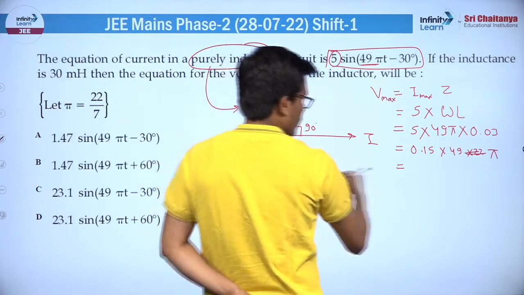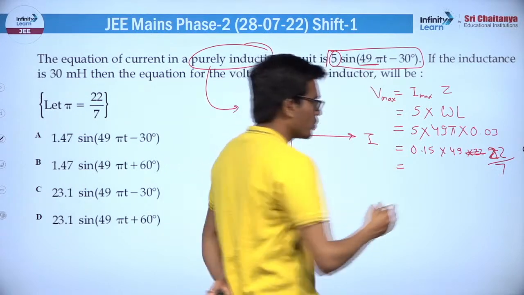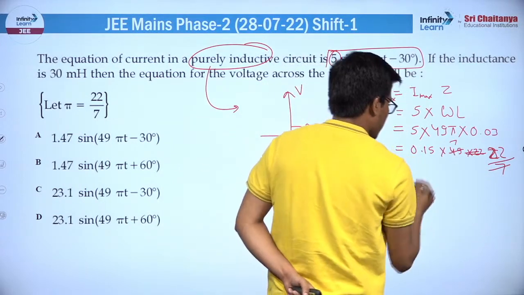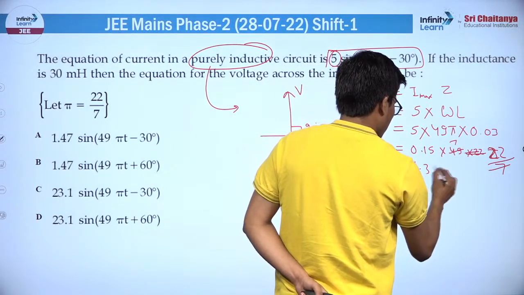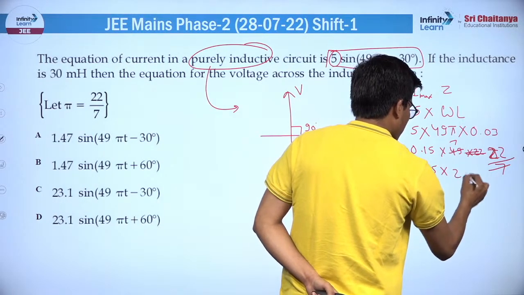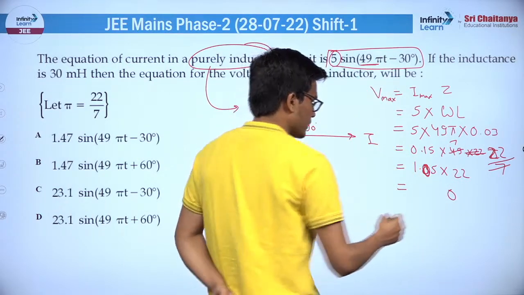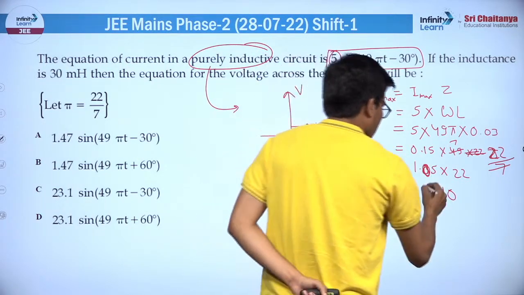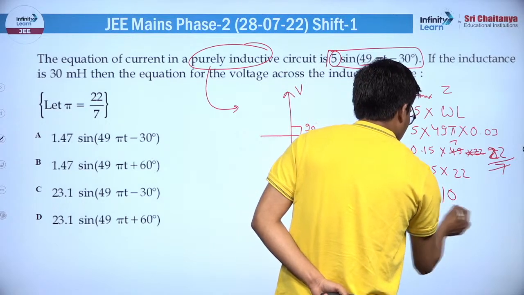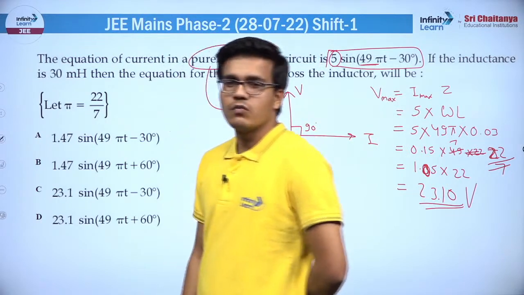But we are finding the maximum voltage, so it will be 22 by 7, this is 7 times, and it will be 1.05 into 22, so it will be something like 23.1 volt should be the maximum voltage, right?